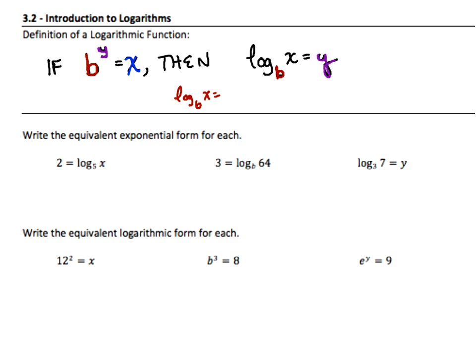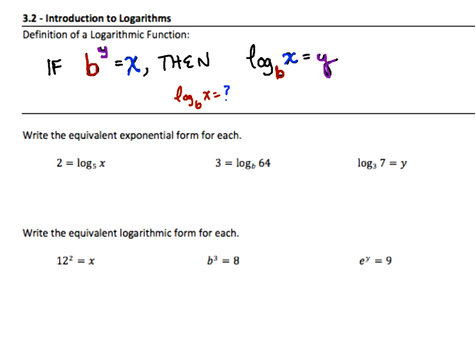So writing it in exponential form says I raise some b to some power and that gives me x. And if I have it in logarithmic form, log base b of x equals something, that's asking what did I have to raise that base to give me x.